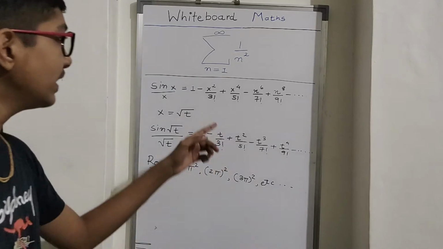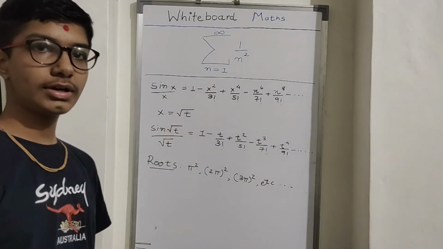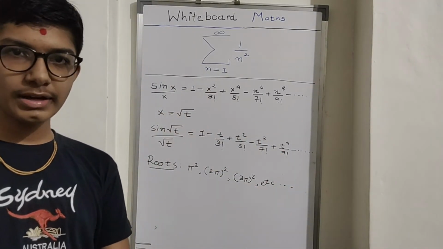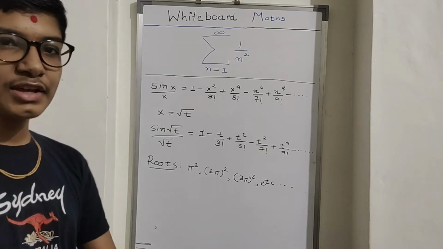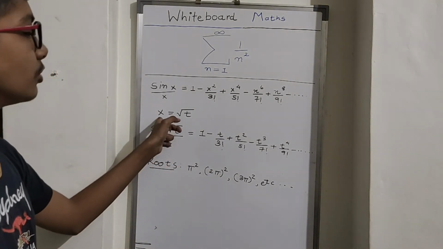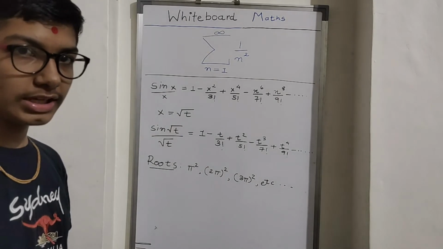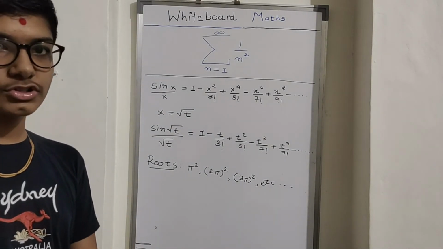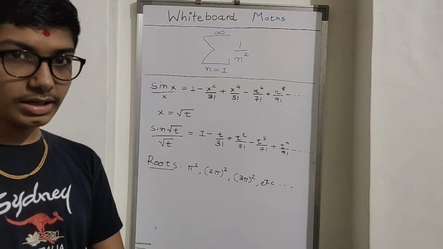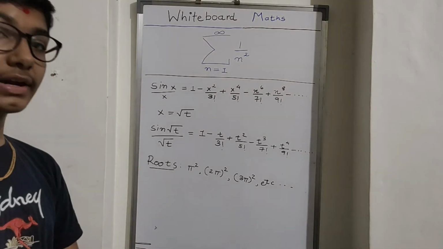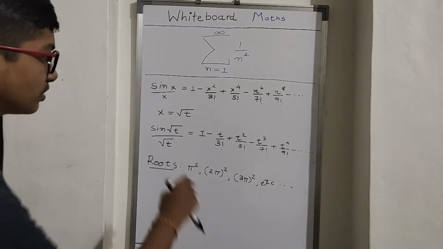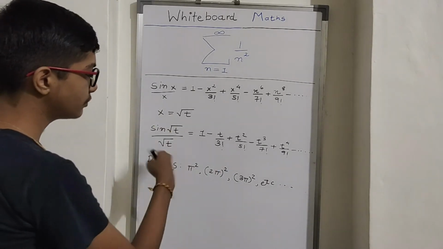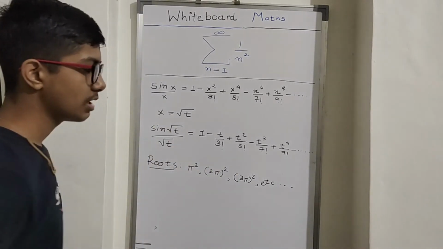We saw that the roots of these functions were pi, negative pi, 2 pi, negative 2 pi. So we substituted x equal to square root of t, and the square root function has its inverse function as x squared. So we have to square all the roots. Therefore, the roots of this function will be this.